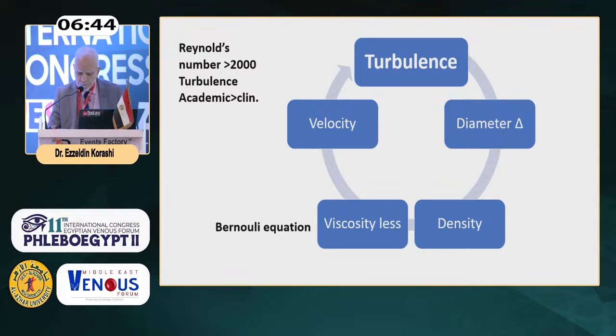Most of them, the diameter of the tube, the density, the viscosity, and the velocity, all are interrelated, and they are very complicated equations. We are not much interested now, but it is very important that these are the four factors, and changes in these 4 factors lead to turbulence of flow.